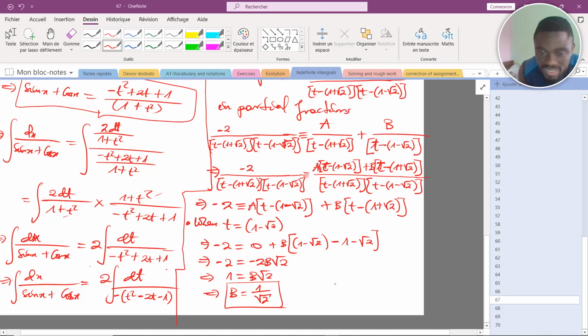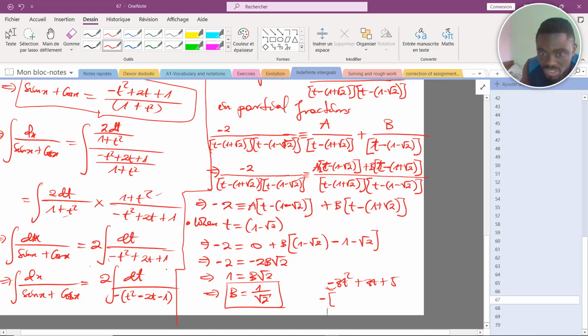Whenever you have a quadratic expression where you have a minus in front of t squared, let's say you have minus 3t squared plus 3t plus 5. When you have a quadratic expression like this, where there is a minus in front of the term in t squared, always factorize that minus.